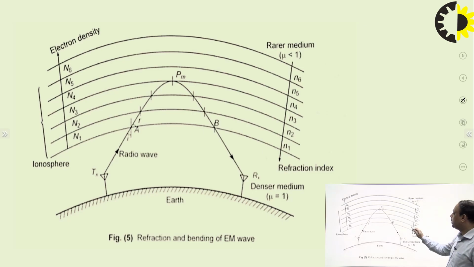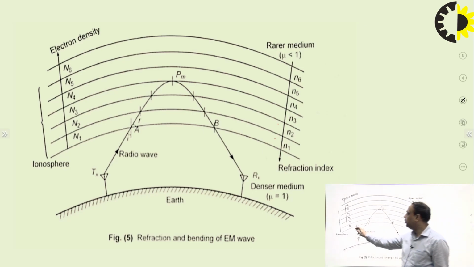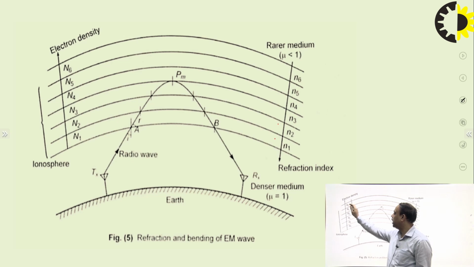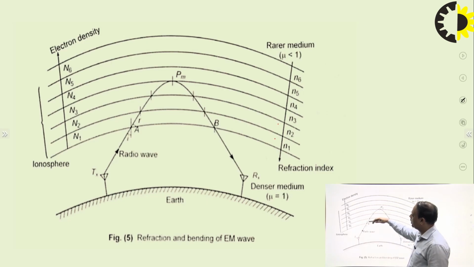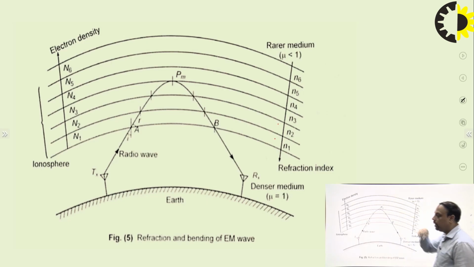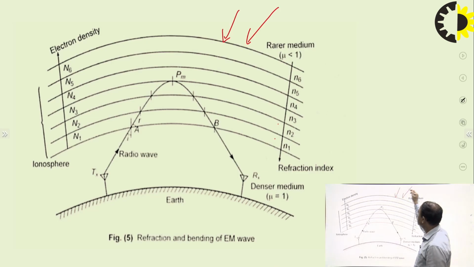So these are the different layers of the ionosphere, N1, N2, N3, N4, N5 and N6, having different electron densities. Why is the electron density high in the upper layer? Because most of the radiation comes from outer space, from the sun or from cosmic waves.